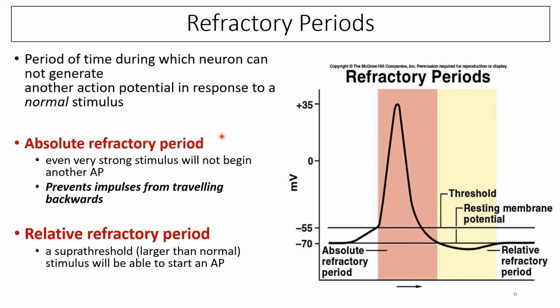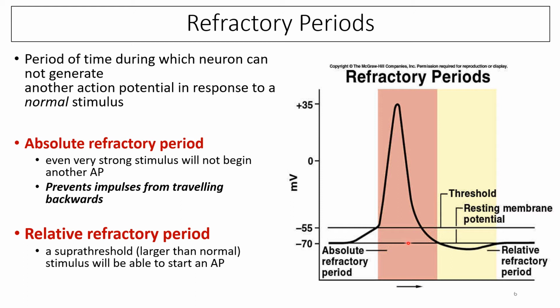The absolute refractory period refers to that point in time from threshold, when the membrane reaches negative 55, goes through depolarization and repolarization back down, and the membrane potential again reaches our resting membrane potential of negative 70. Through this whole period of time, it's impossible to create another action potential in that same neuron. This is known as the absolute refractory period. There's no way that you can create another action potential during this time.